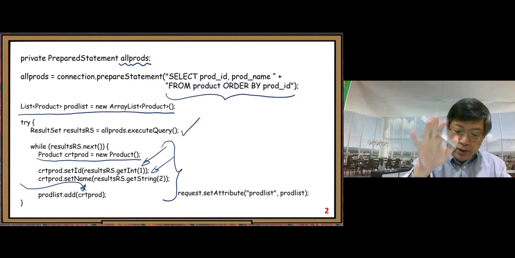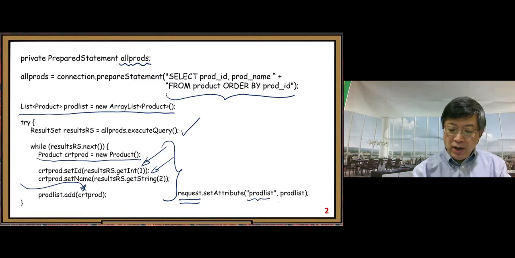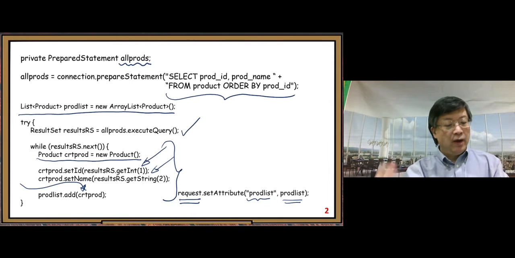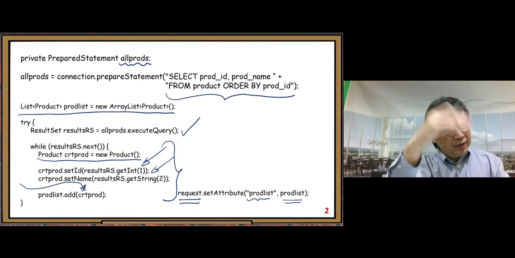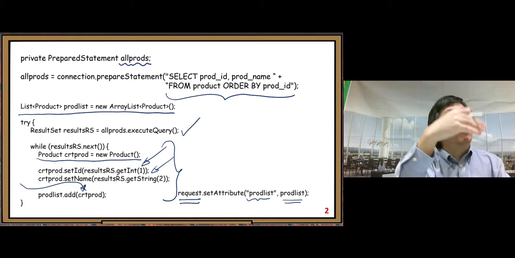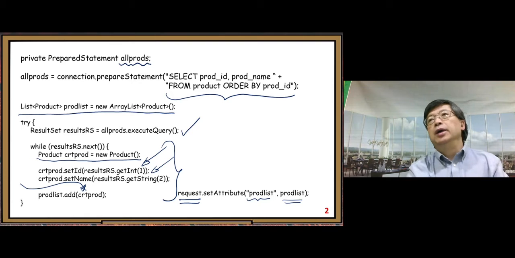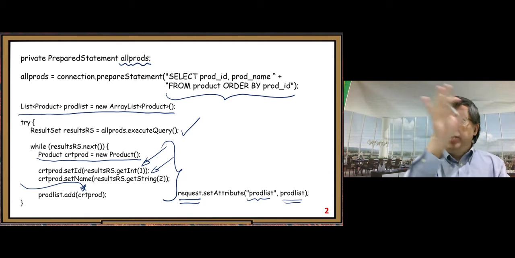Then we put it in the request scope, under the key product list. Now we are ready, we forward the request to the input page, input.jsp.